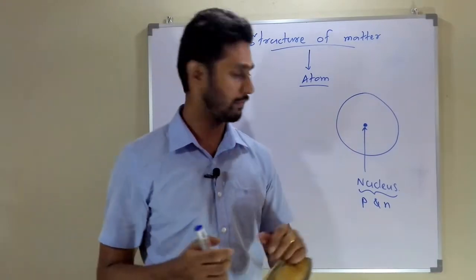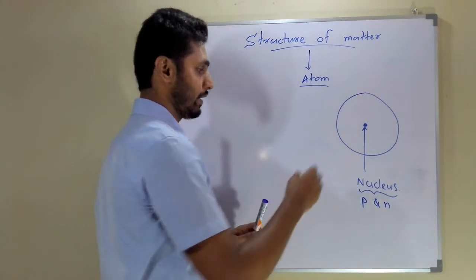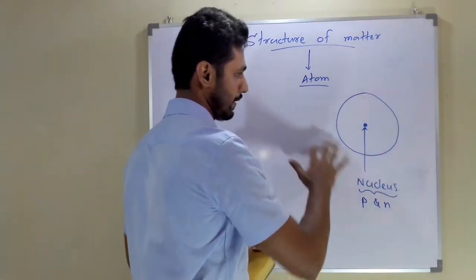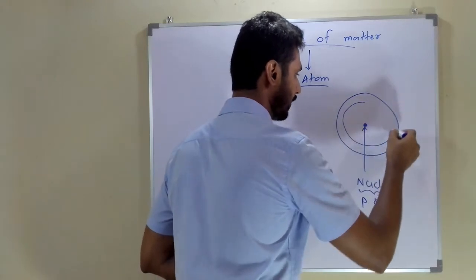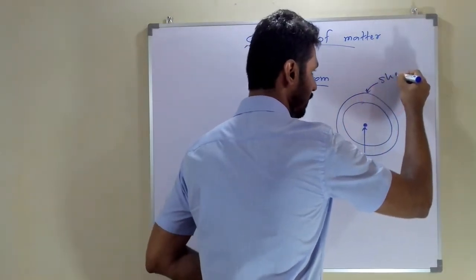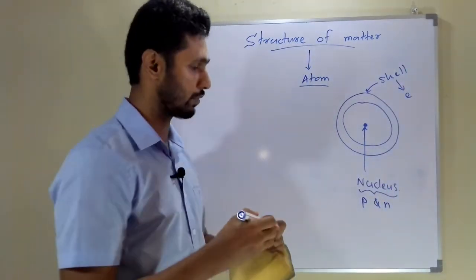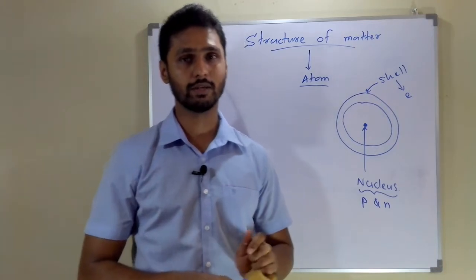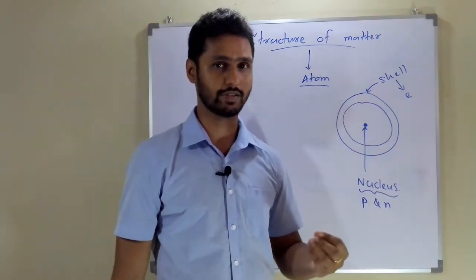These are the very important points regarding the atoms. So around the nucleus, this area consists of shells like this, and these shells contain electrons. So now you know what are the place of electrons, that is in shells.